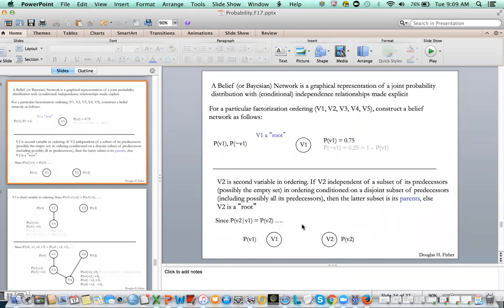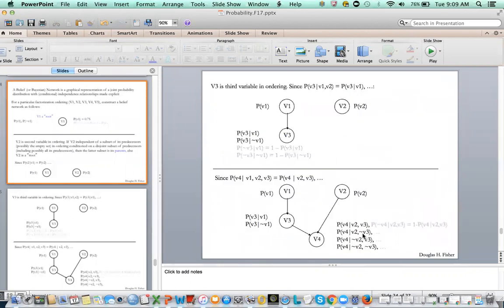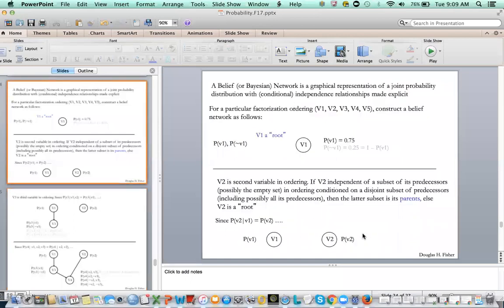And if that independence is true, then V2 is also a root of the belief network. And with V2, I would also be storing just a single probability, the probability of V2 all by itself.